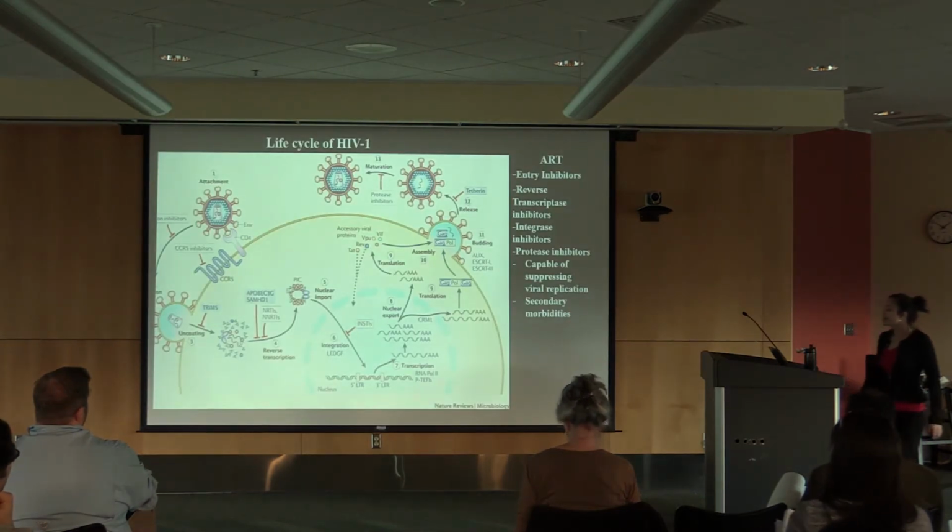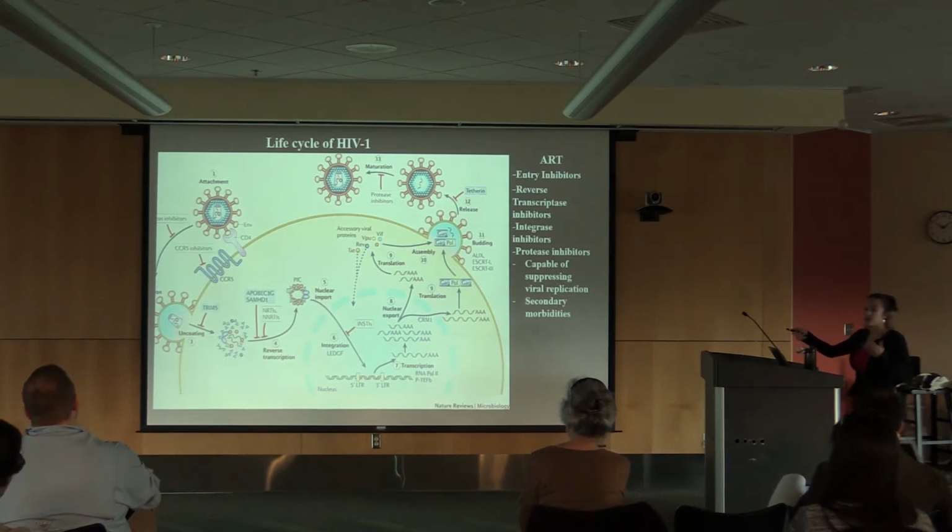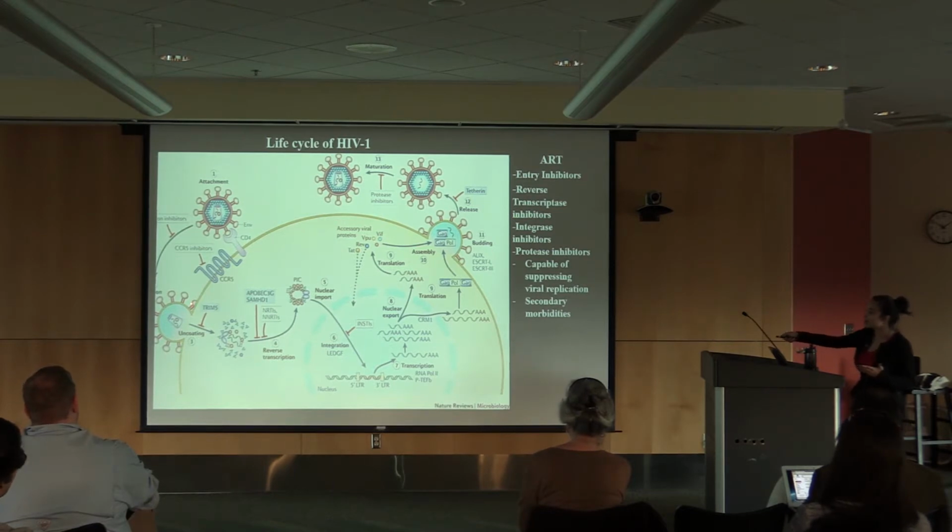Okay, so looking at the life cycle of HIV, starting with number 1, the GP120 protein is a surface protein on HIV. It binds to the CD4 receptor on the cell, and in order to enter the cell, it must bind to a co-receptor, CCR5. This allows it to fuse with the cell membrane, and then releases this capsid with the RNA into the cytoplasm.